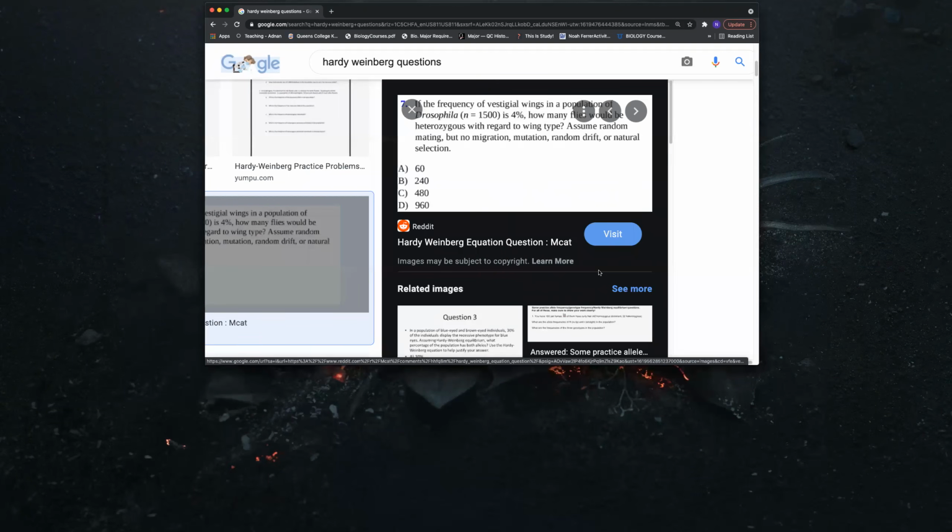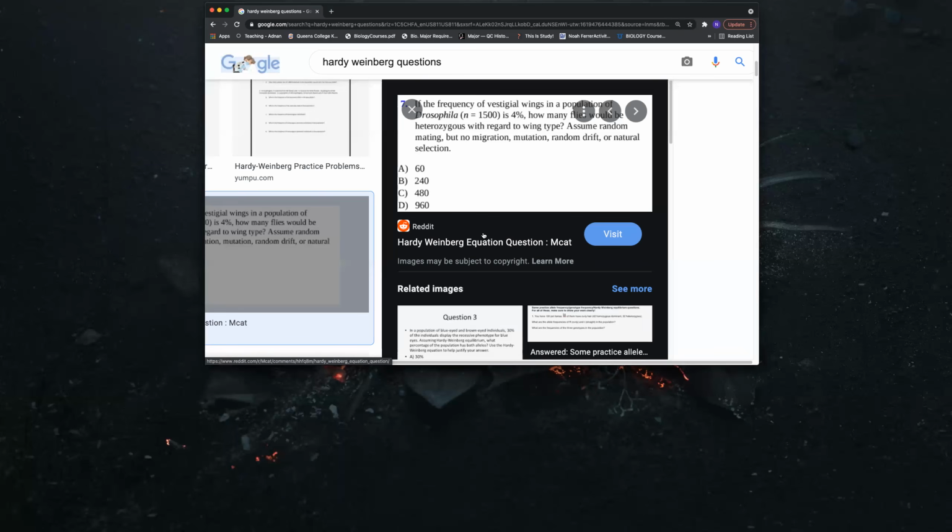Heterozygous doesn't really tell us if it's dominant or not. I don't know which one is going to be P or Q. Wait, I guess it doesn't matter because heterozygous would be 2PQ, right?